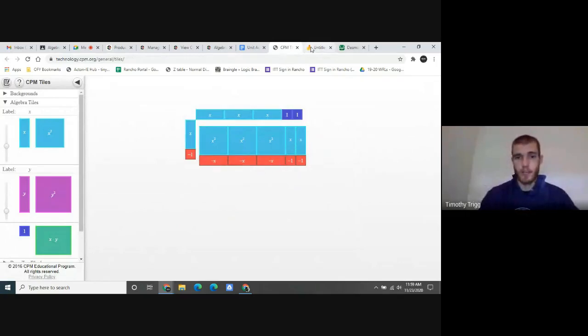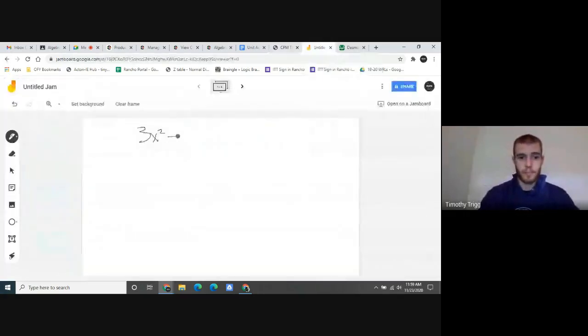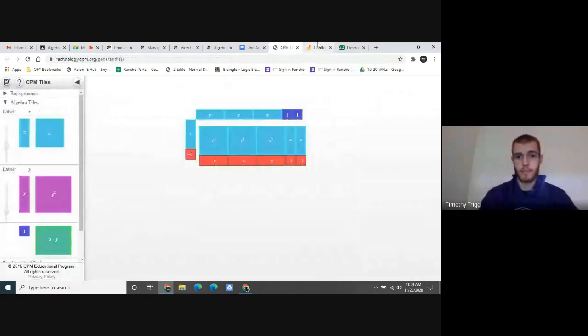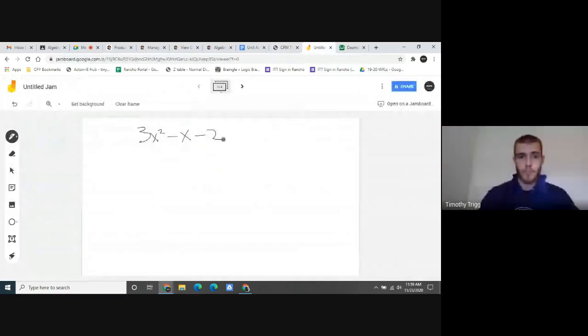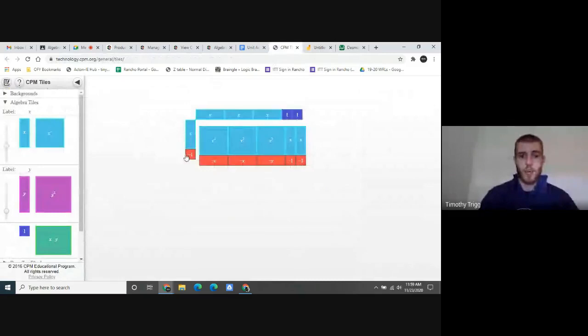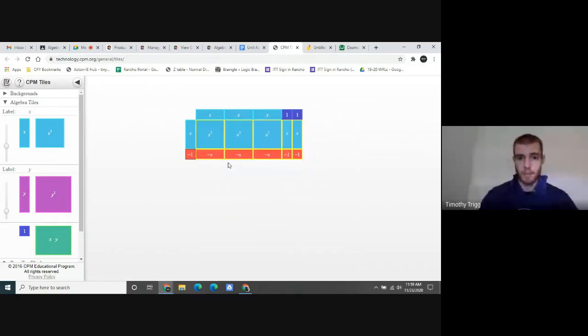So in total, that's a negative 1x. So I'm going to put minus x and then minus 2. So this is the product when multiplying x minus 1 times 3x plus 2. And again, it's this rectangle that kind of fits in with the algebra tiles here.